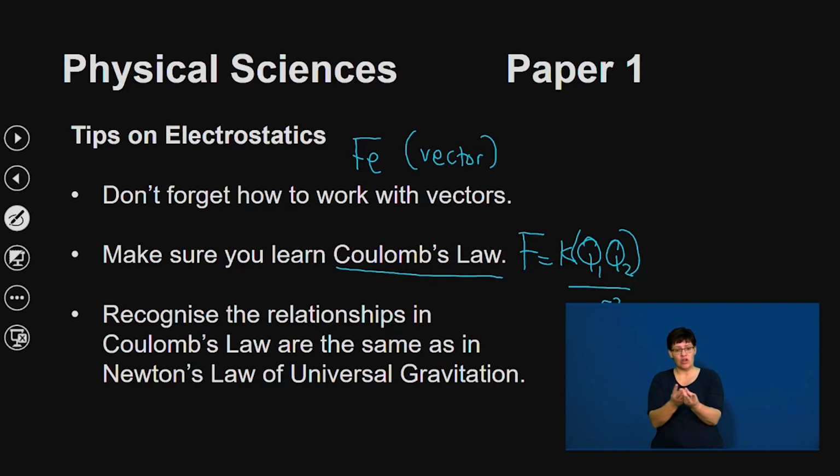But also, there is a thin line between Coulomb's law and universal gravitation. In what way? The very same skills that you use in response to this question, to say what happens to the force when the charges are doubled or whatever changes are made to the charges as well as the distance, we need to recognize that this is the very same skill we would apply with the universal gravitation law.